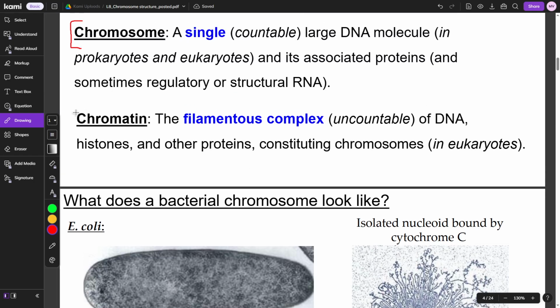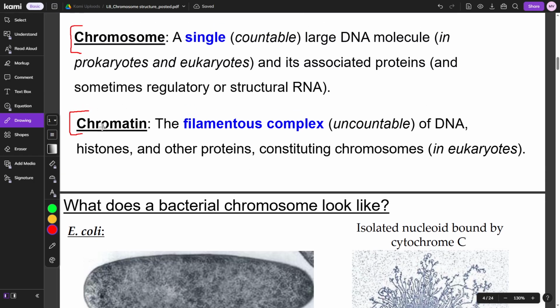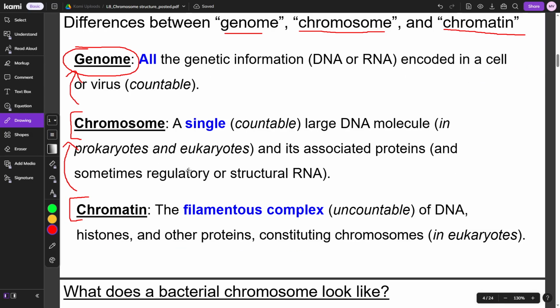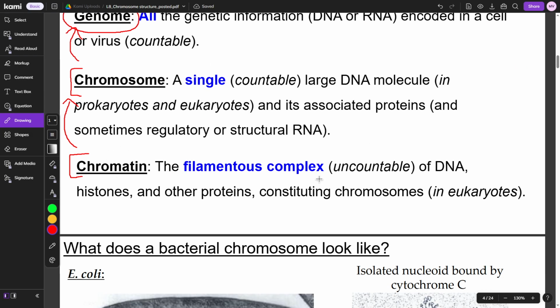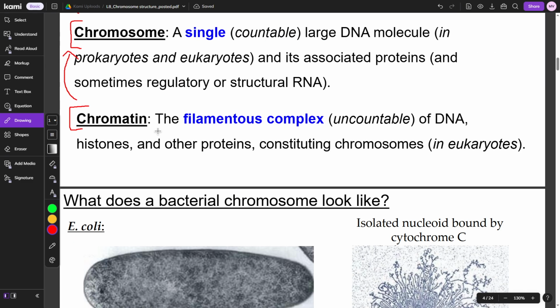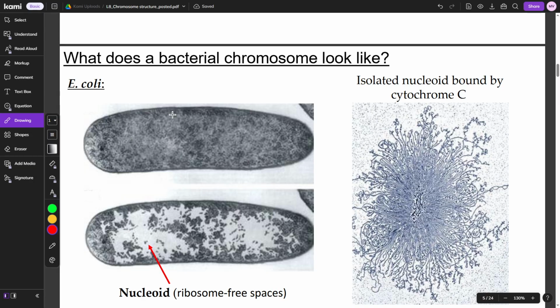All that to say that chromatin makes up a chromosome, and chromosomes make up genomes. So chromatin is just the DNA plus any binding proteins that hold it together. A chromosome is multiple units of chromatin, and a genome is multiple chromosome units combined.